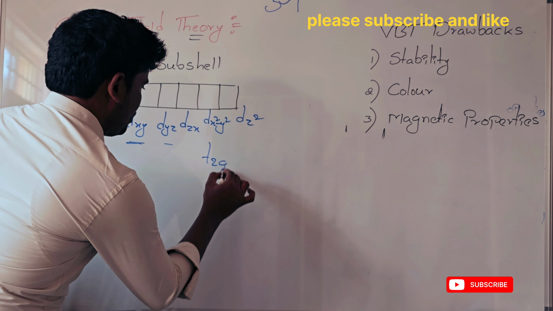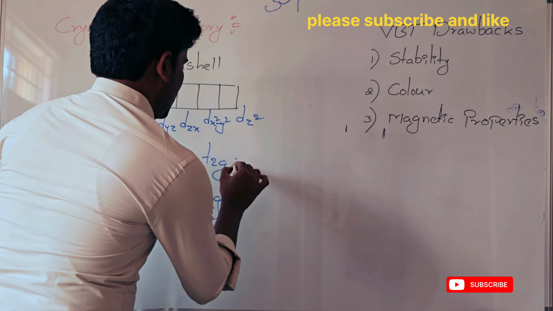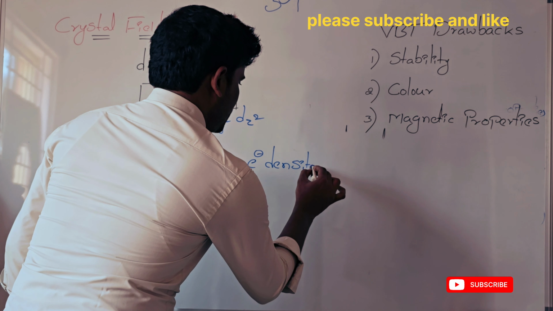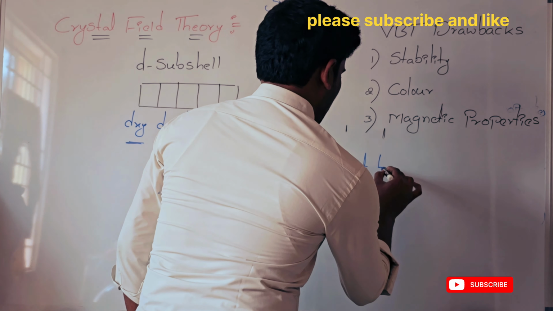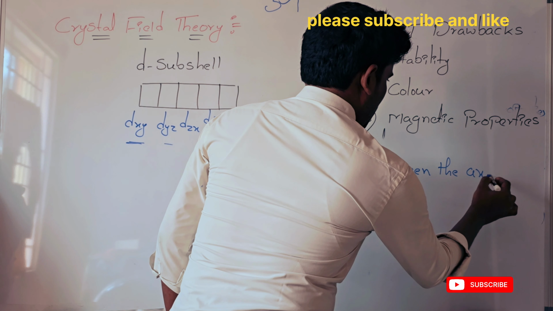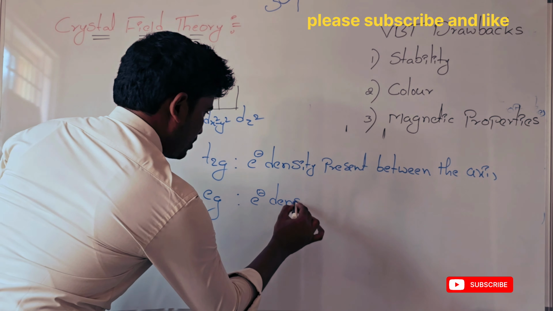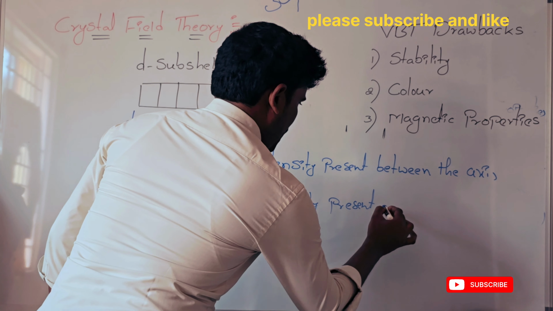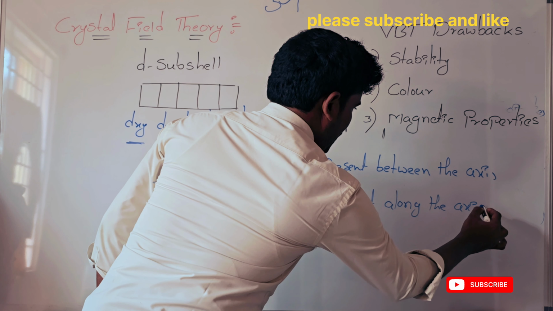The 2 sets are named t2g and eg. t2g indicates electron density present between the axes. eg indicates electron density present along the axis.